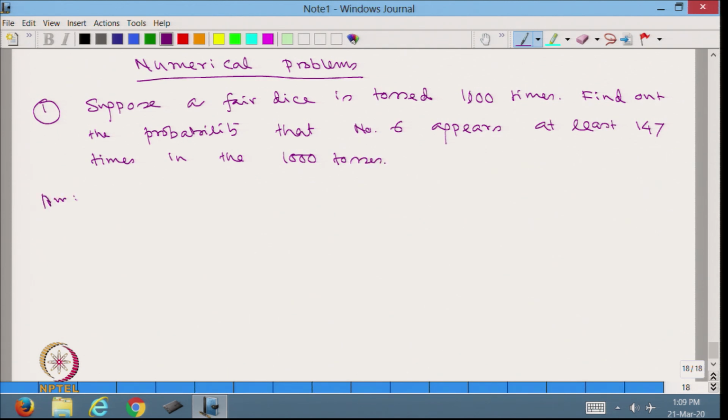Answer: let X be the random variable denoting the number of times 6 appears in 1000 tosses.